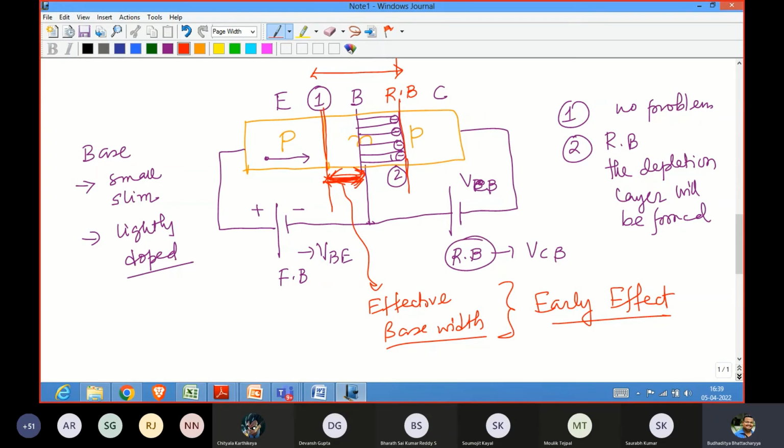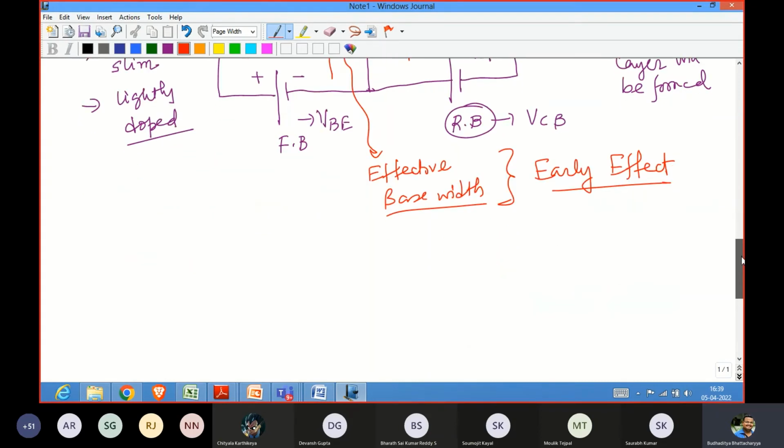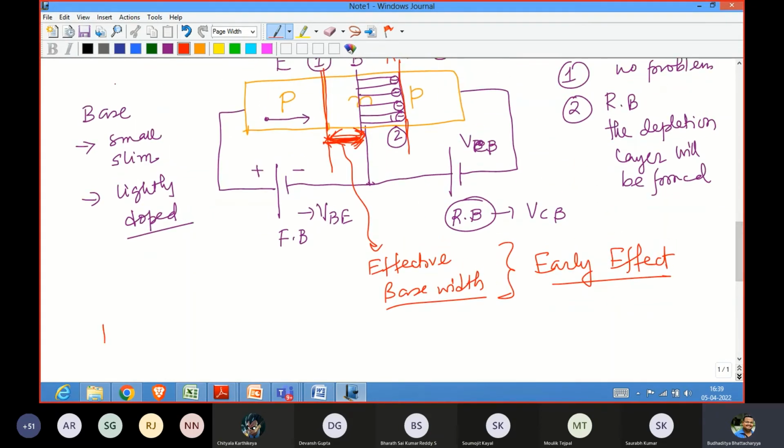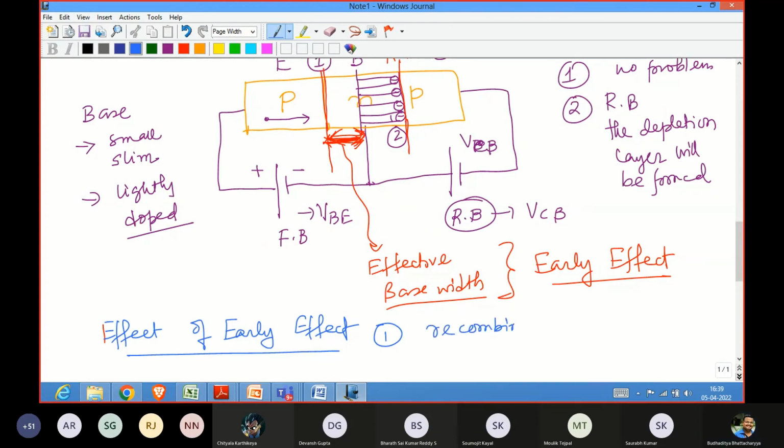Now, what is the effect of the early effect? Let me write that. Effect of early effect. Any doubt till this point? Please let me know. The first effect is that the recombination of electrons and holes is reduced.